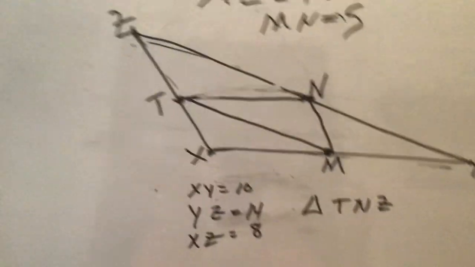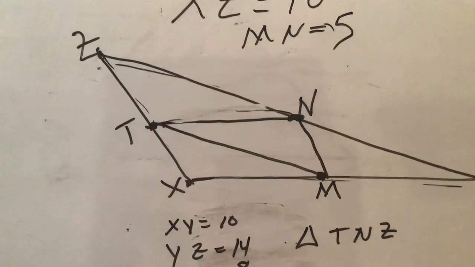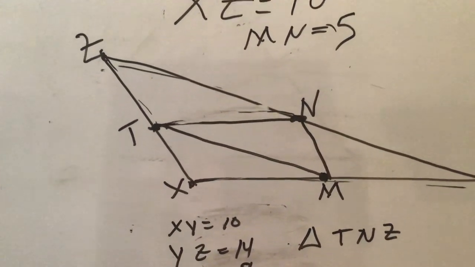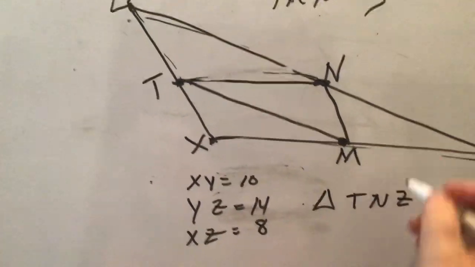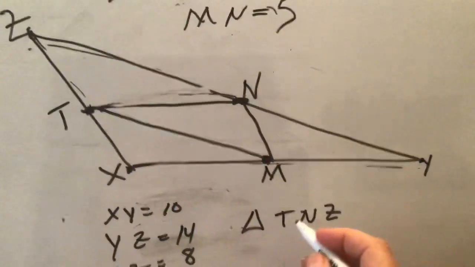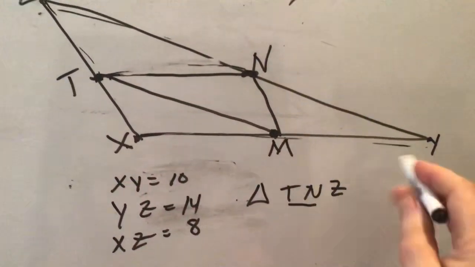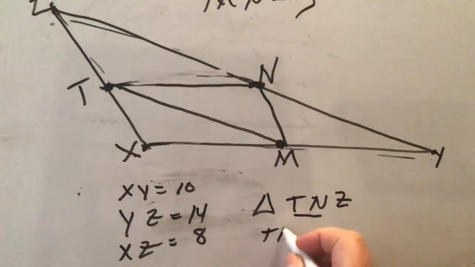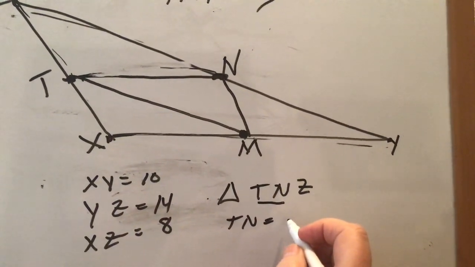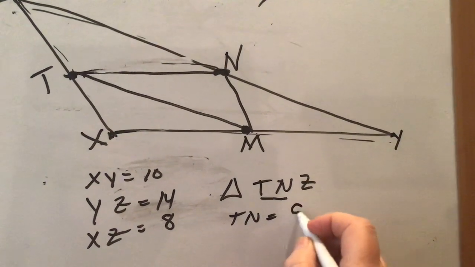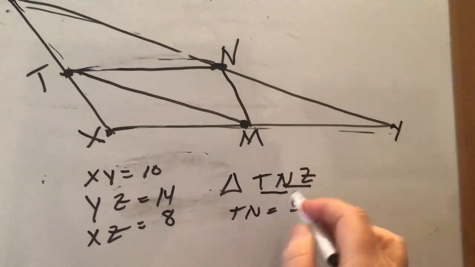So if we know that ZX equals 8, let's start out with just TN. TN is this line here, so it's 1/2 of XY. So TN equals 5. And then we're going to do NZ.